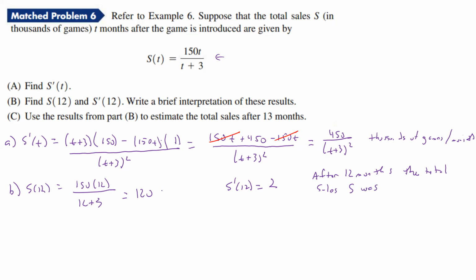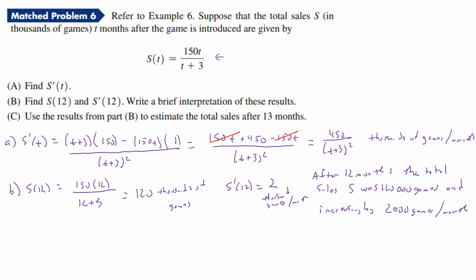This is thousands of games, remember that, so that was 120,000 games. And it was increasing by 2, because it's positive, so 2,000 rather. This is in 1,000 games per month, so 2,000 games per month. Okay, so that's what it's saying.